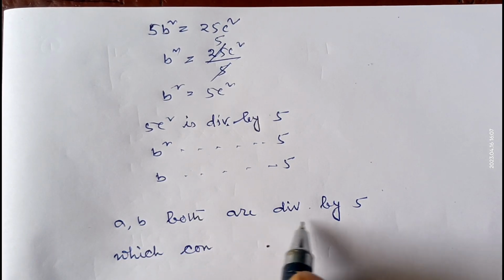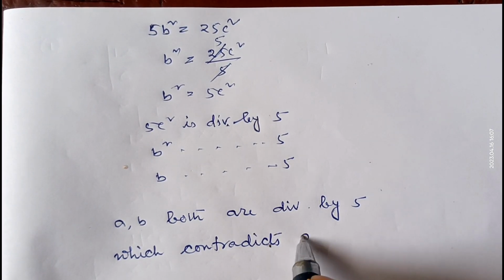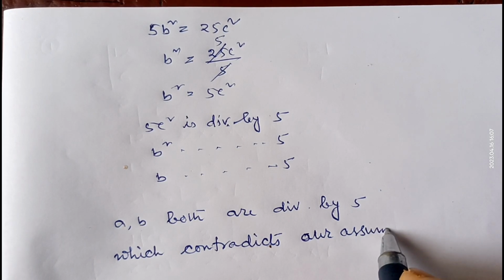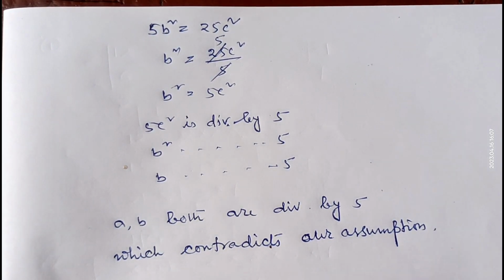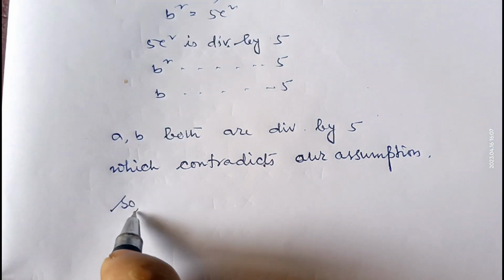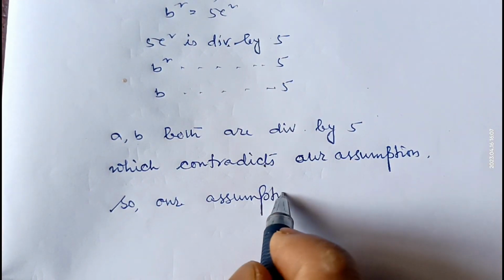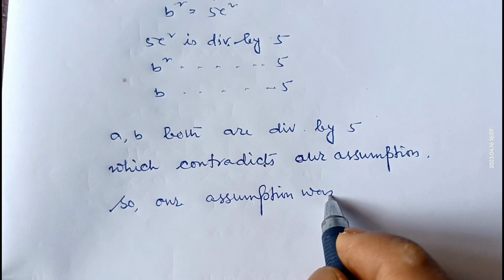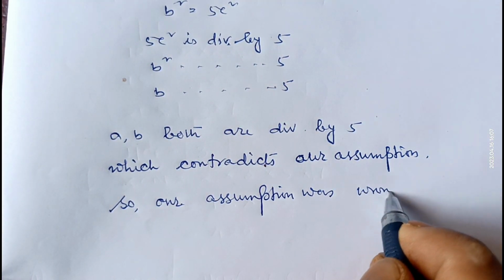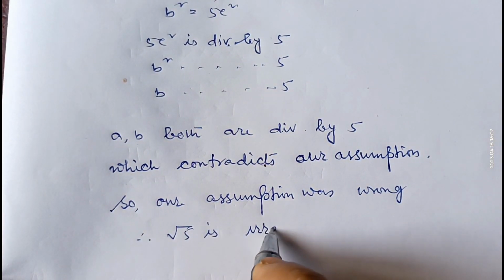So our assumption was wrong, that root 5 is a rational number. Therefore root 5 is irrational.